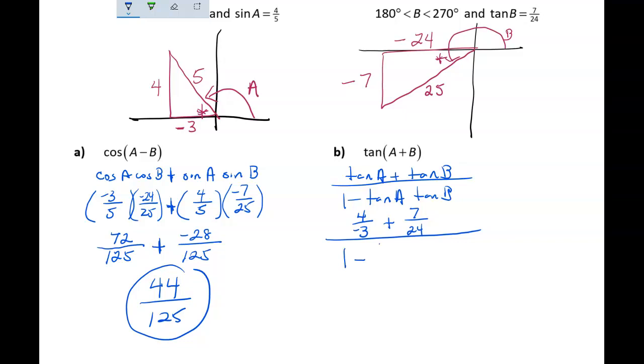Downstairs we have 1 minus -4/3 times 7/24ths.